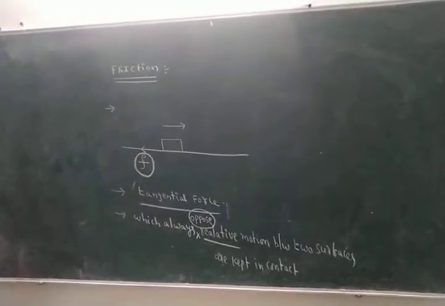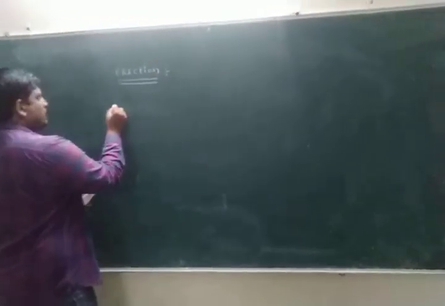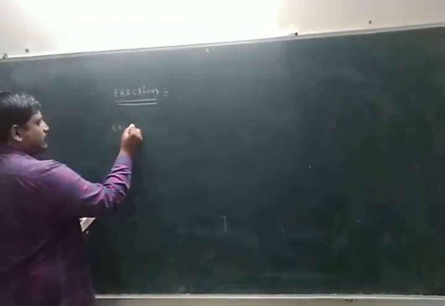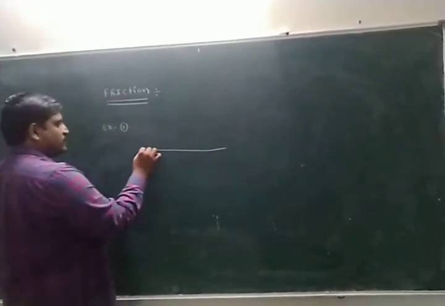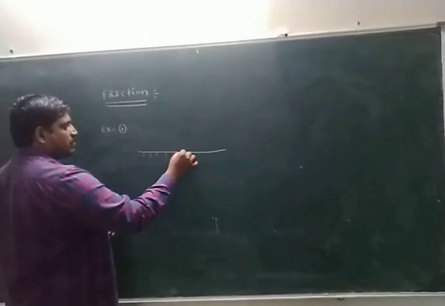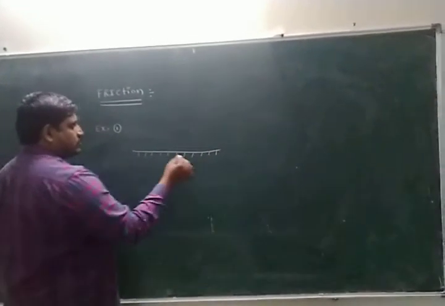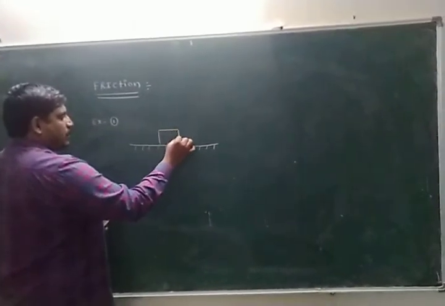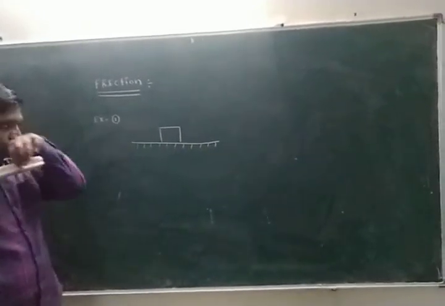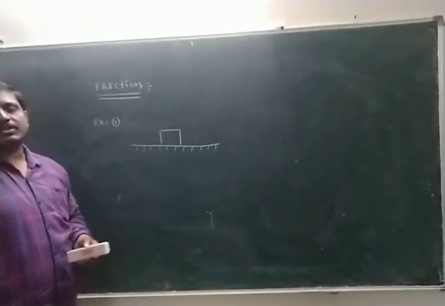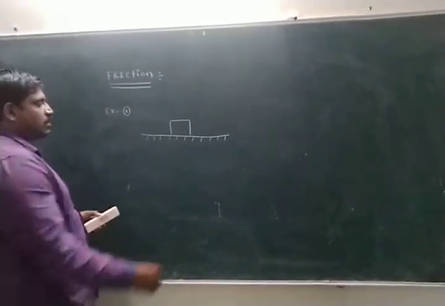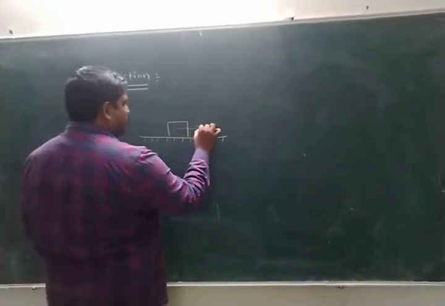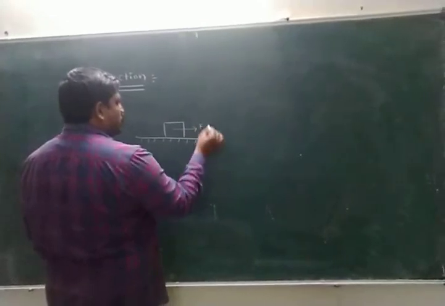I will discuss some examples of friction. First example: this is the rough surface, and this is its symbol. Here a body is placed on the rough horizontal surface. F is the force applied on the body.